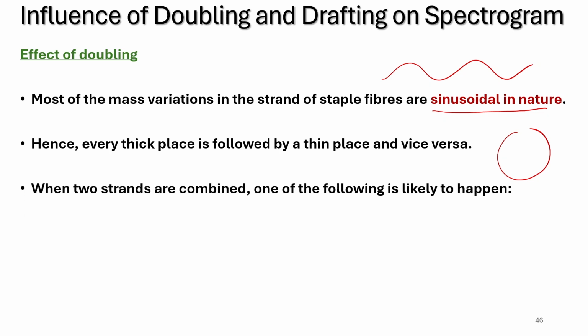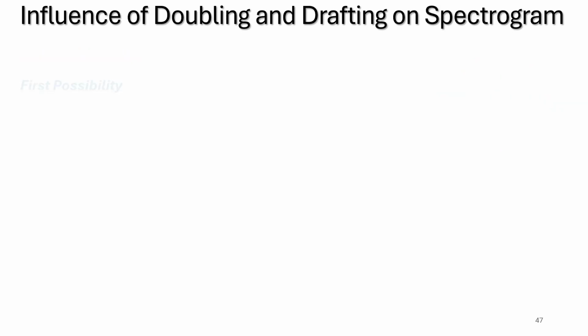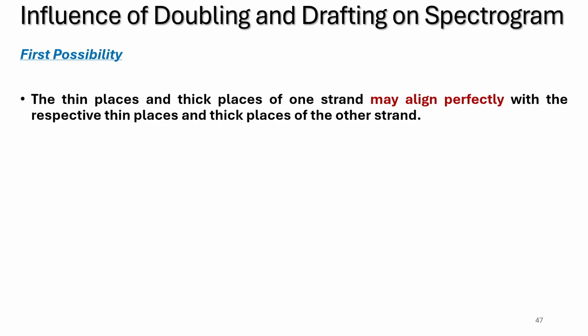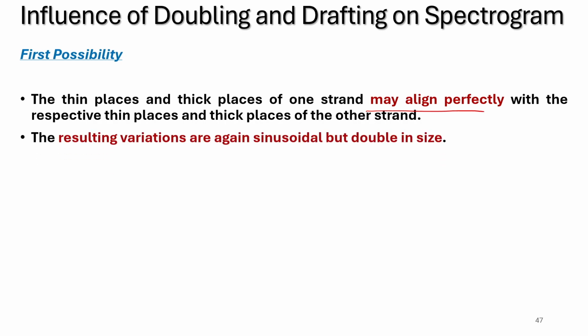When two such strands are combined, one of the following is likely to happen. First possibility is that the thin places and thick places of one strand may align perfectly with the thin places and thick places of the other strand.